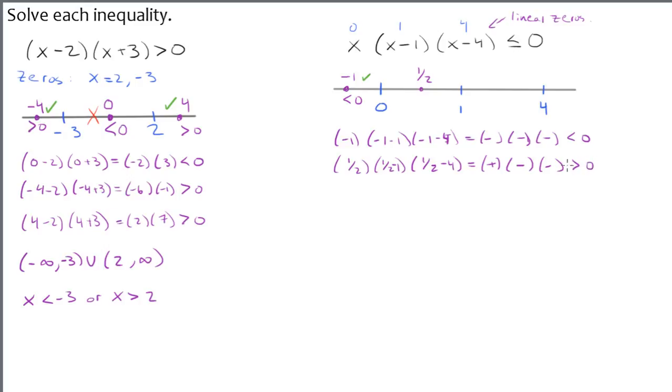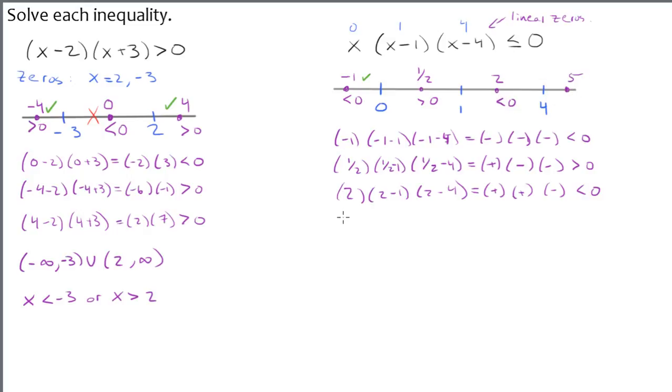So in this region we're going to be greater than 0. And then maybe 2: 2 times (2 minus 1) times (2 minus 4) is a positive times a positive times a negative, which is less than 0. And that's a good region.